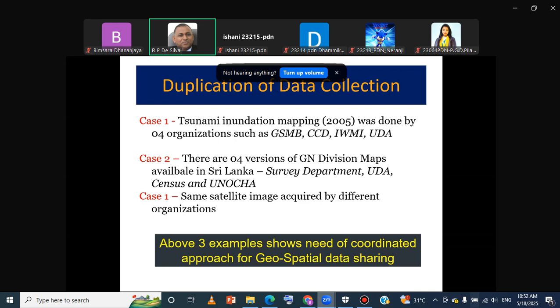Immediately after the 2004 tsunami, four organizations came forward to do the mapping of the tsunami inundated area: Geological Survey and Mines Bureau, Coast Conservation Department, at that time the International Water Management Institute, and Urban Development Authority. All four institutions went ahead, got various spatial data, and produced inundation maps which are different.